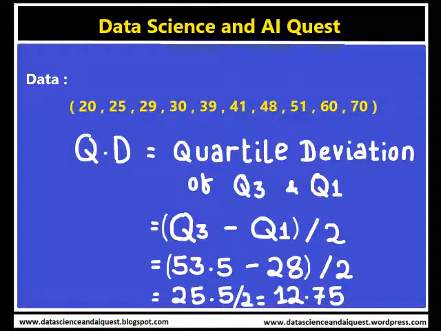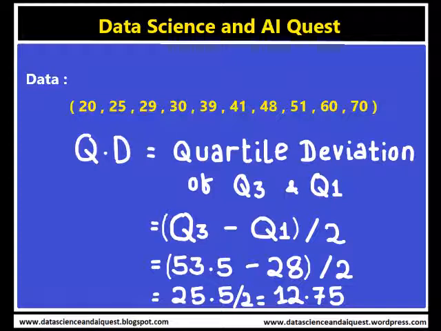Then we get the quartile deviation of Q3 and Q1. The quartile deviation can be obtained by the subtraction of Q3 minus Q1 divided by 2, the average of Q3 minus Q1. So Q3 we got as 53.25 and the Q1 answer was 28.